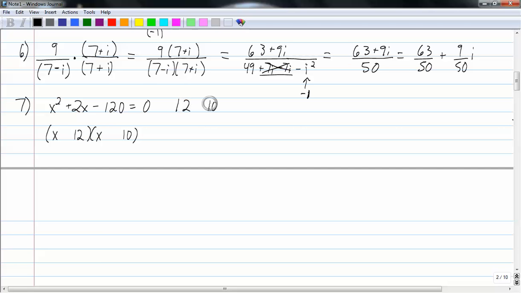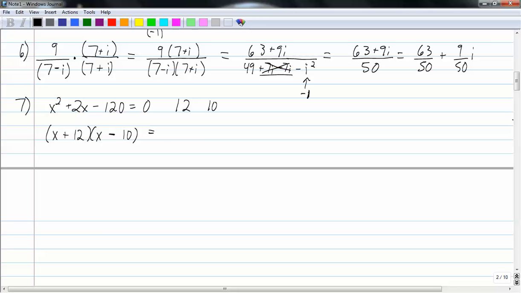We also know that one of them has to be positive, one of them has to be negative because it's a negative 120. And so if we want a positive 2 here, we make this a plus, we make this a minus. Right, because positive 12 and negative 10 is a positive 2. Now this method only works if this is 1x squared. So don't think you can always use it, but when you have 1x squared you can.